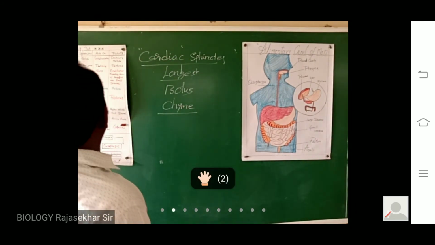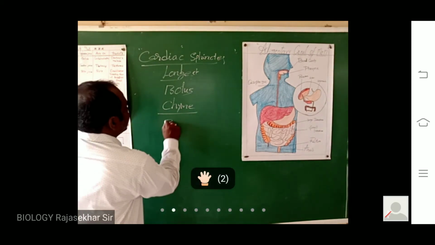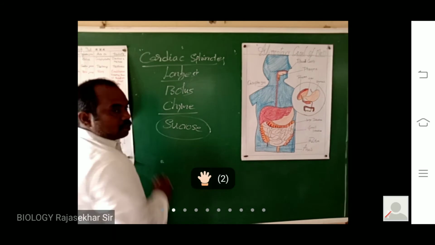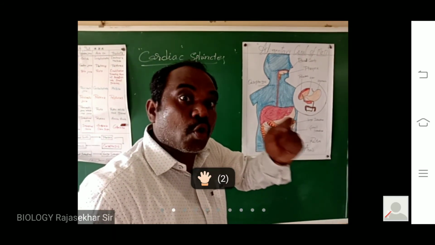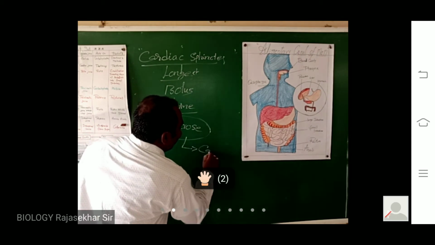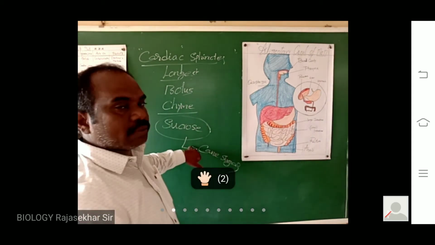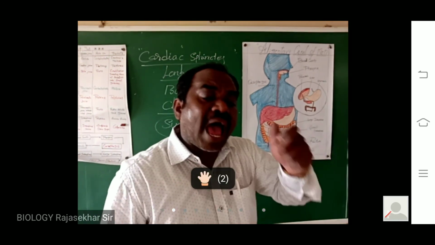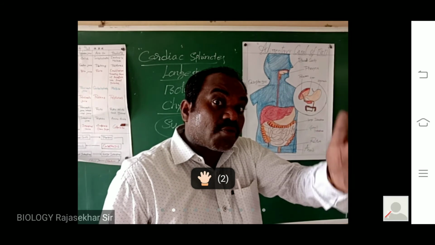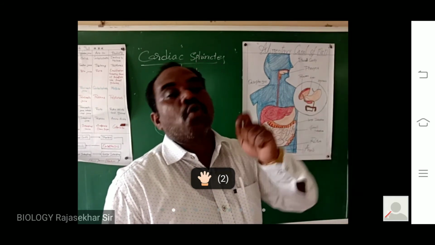Our small intestine secretes enzymes. It secretes the enzyme sucrase, also called cane sugar enzyme. This enzyme helps carbohydrates be converted into maltose sugar and glucose.